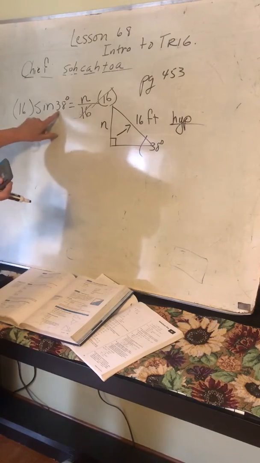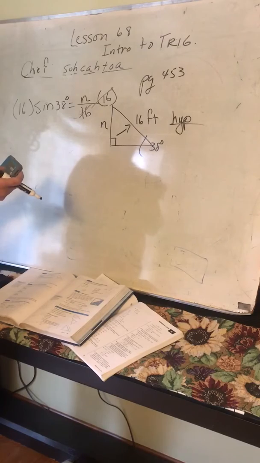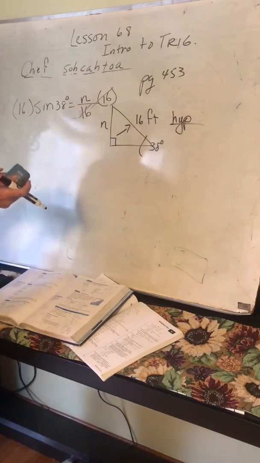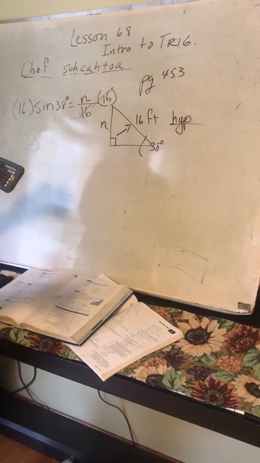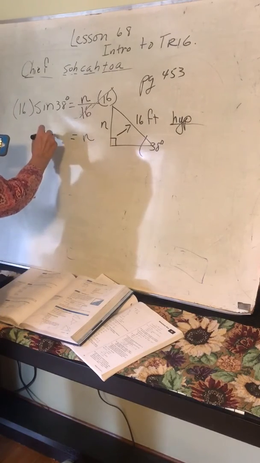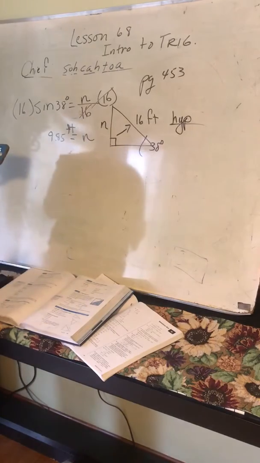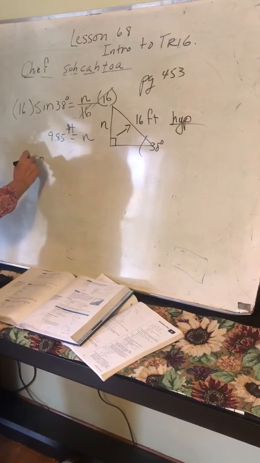This height n we need, we're going to do 38, press the sine button, and then go times 16 equals. And that n value is 9.85 feet.